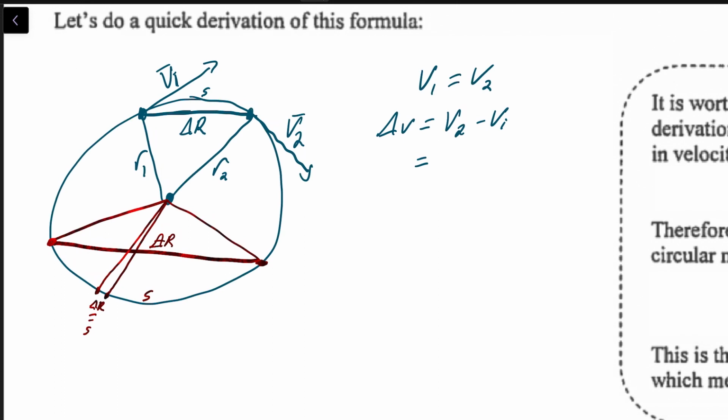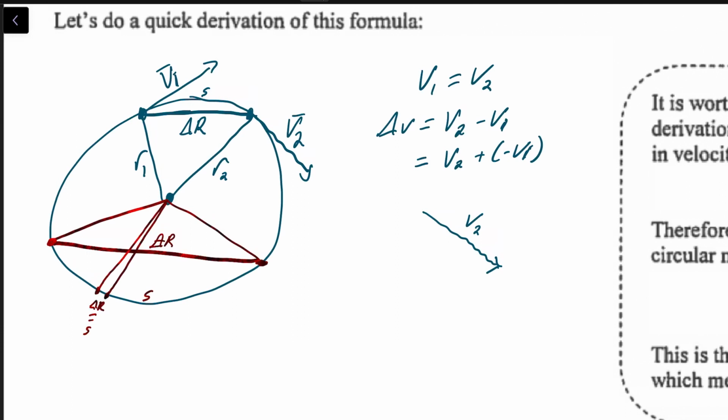Or we can rewrite it as velocity 2 plus negative velocity 1, when we're wanting to add vectors. So here, my velocity 2, I'll try to recreate it over here with the same shape. Velocity 2 looks something like that.